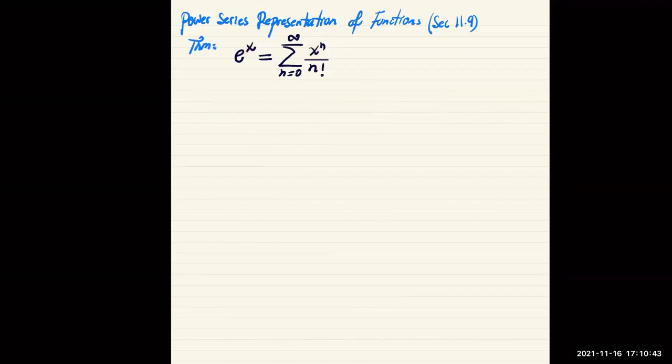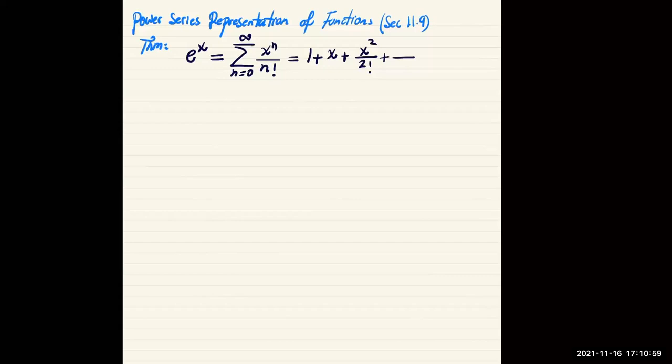Well, that's proof. And I'm going to write out a few terms. So the first term is 1 if you put 0 for n. And then we have x, plus x squared over 2 factorial, plus x cubed over 3 factorial, and so on.